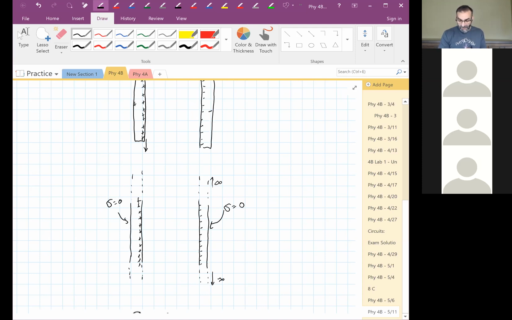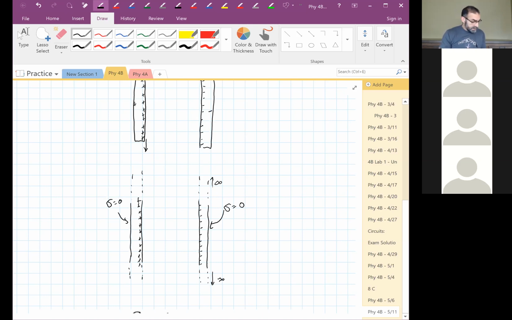They'd space out more. Okay, so as those plates become infinitely large, all the charges end up on the innermost surface.